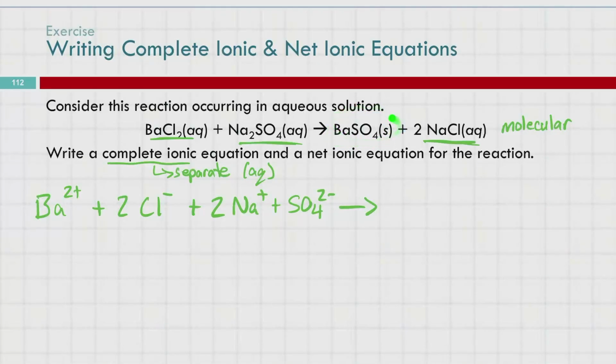BaSO4 on our product side has an S behind it, and so we're just going to write it the way that it is, just BaSO4. And I'm going to write an S behind that because it's solid. And then our NaCl, we distribute the 2, so we've got 2 Na+ and 2 Cl-.